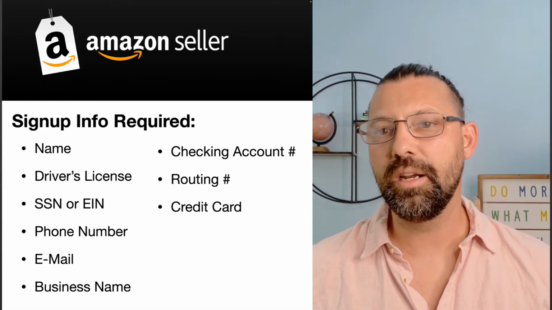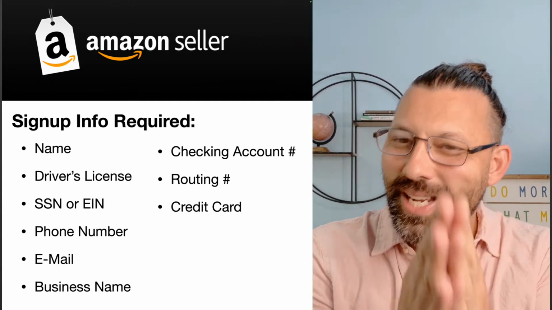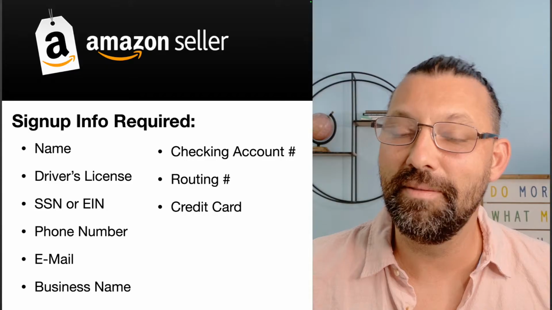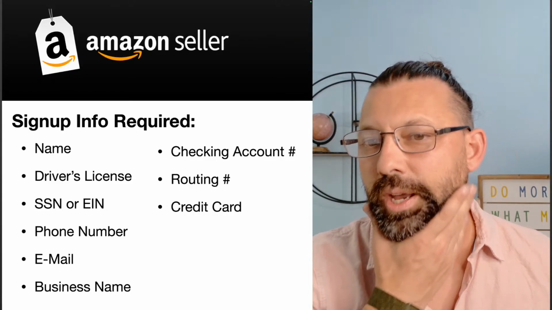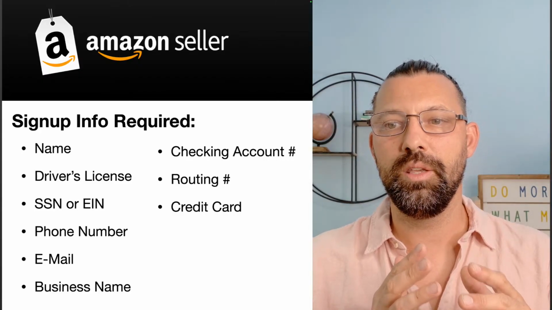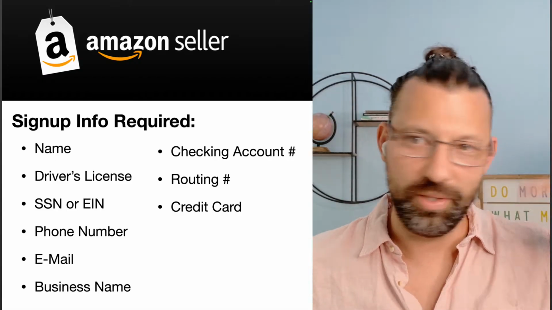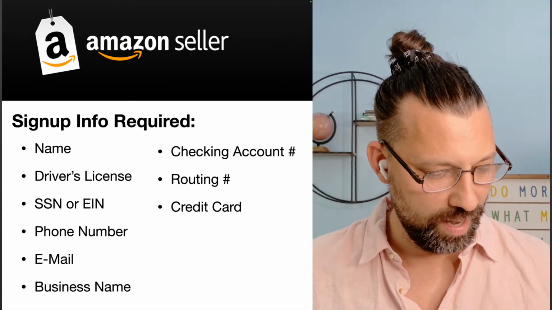Credit card number, because there are certain fees associated with selling on Amazon. And so, of course, they want to have a credit card on file to cover those fees. If you're selling and you have enough funds to cover those fees, it won't come off your credit card. They'll just deduct it straight out of your payments.